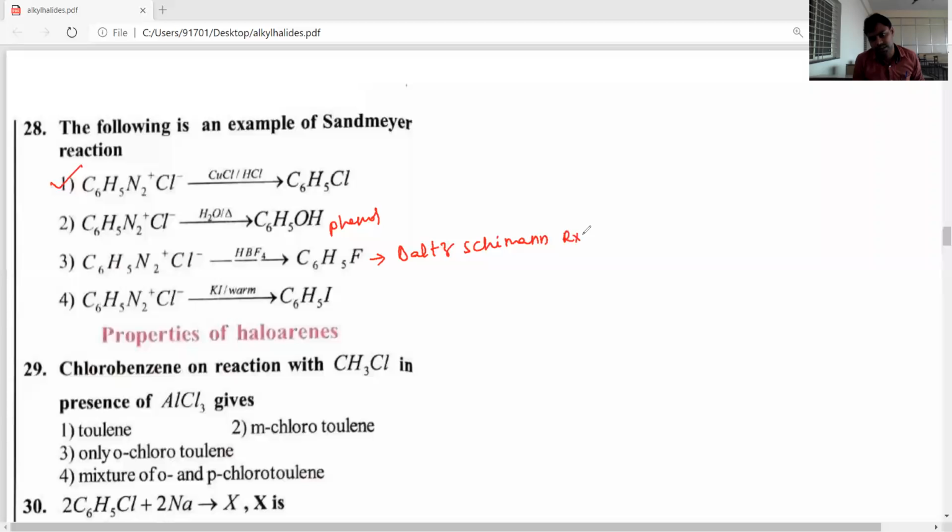In the Balz-Schiemann reaction, directly from benzene diazonium chloride we can't prepare fluorobenzene. So that benzene diazonium chloride first we have to treat with HBF4.